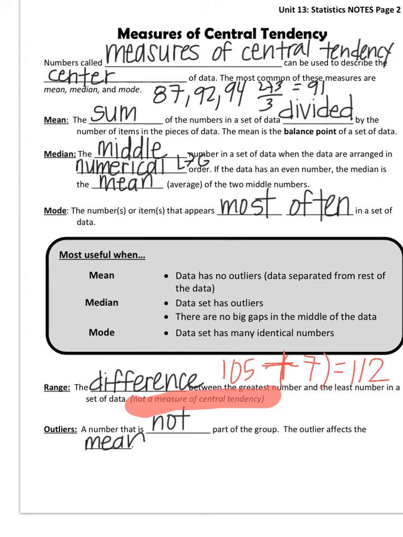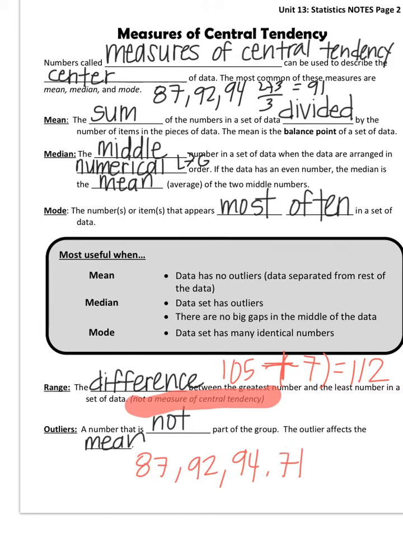Alright, so an outlier is a number that's not part of the group. So for instance, let's say we go back to that grade example, and let's say 87, 92, 94, then you have a test that you did not study for and you make a 71. Do you notice how 71 is kind of far apart from these other grades right here? We would call 71 an outlier.